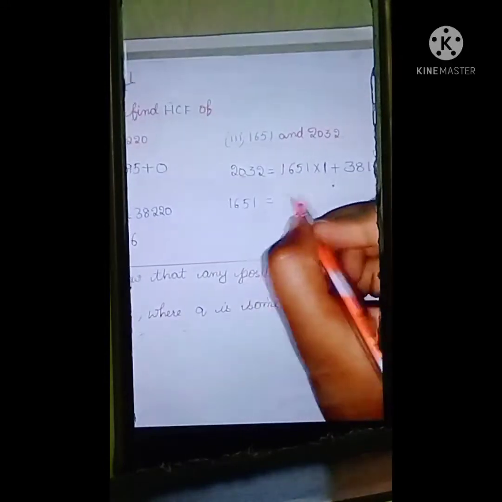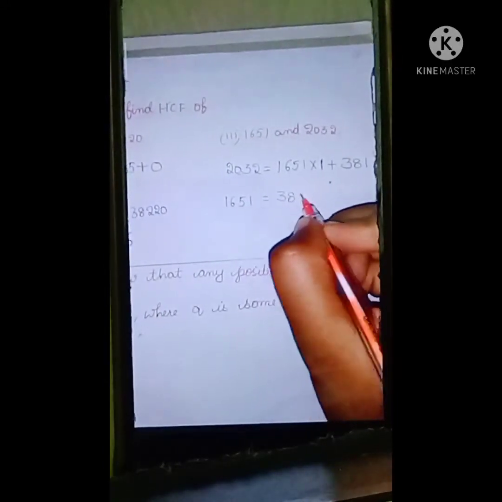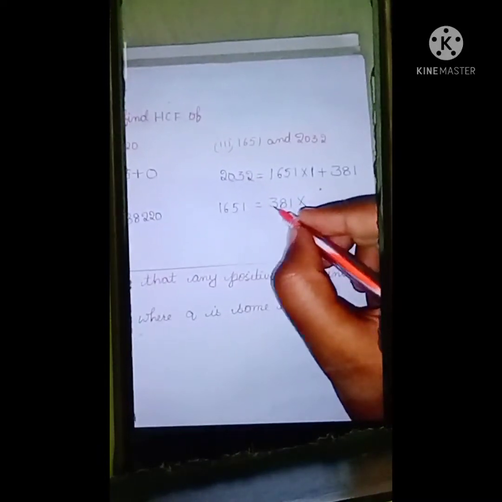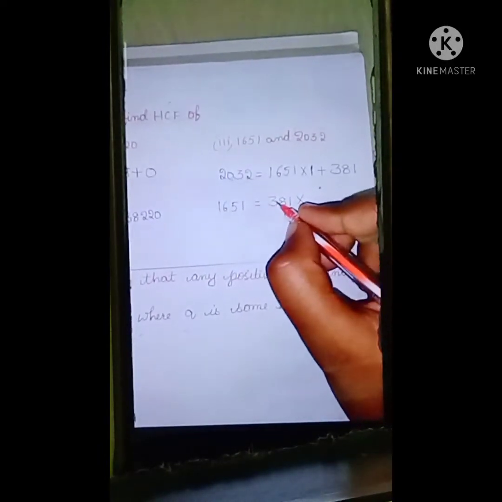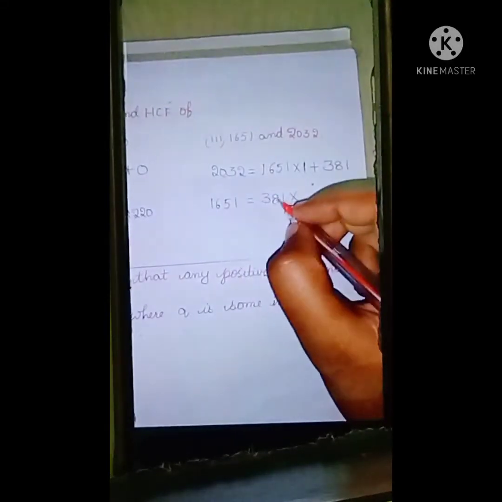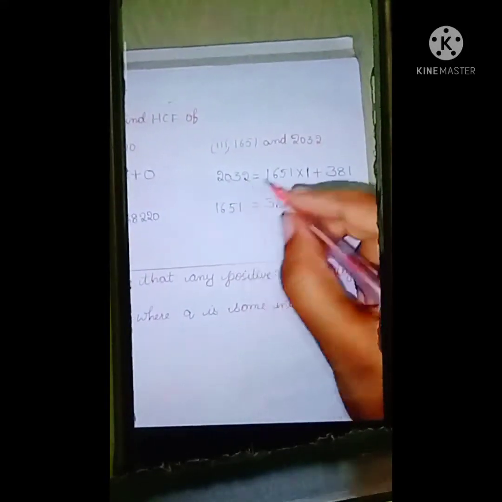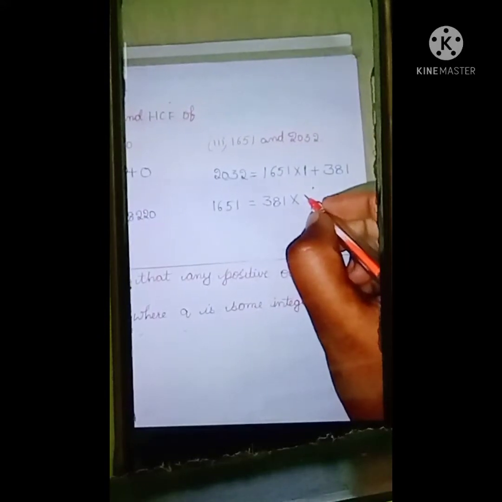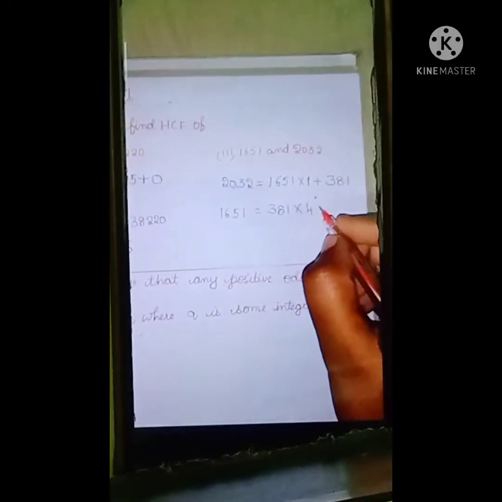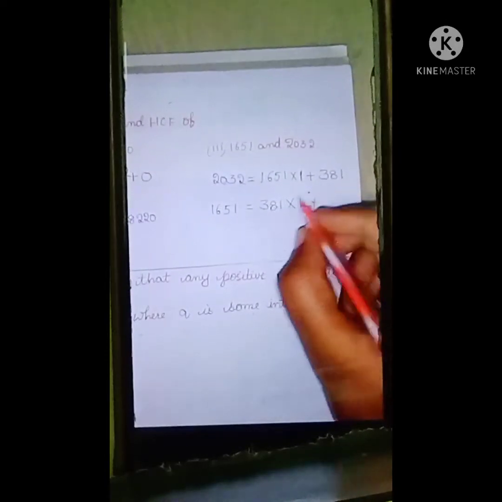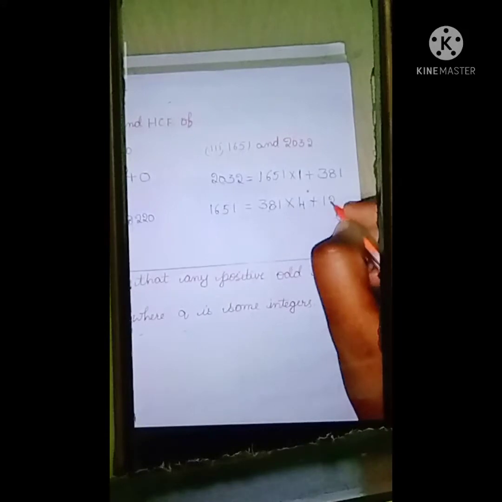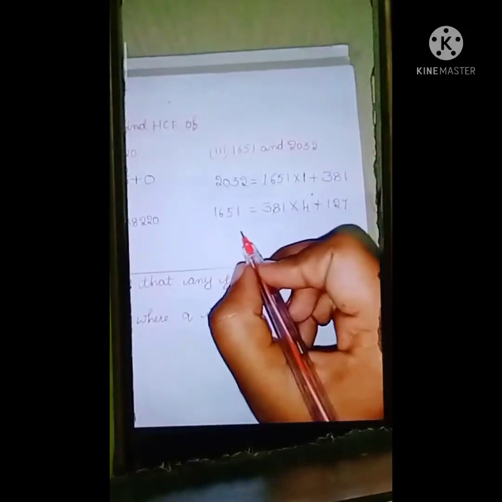Now take A as 1651 and B as 381. 381 times 5 is greater than this, so I am taking 4. 381 times 4 plus 127 will become the remainder.